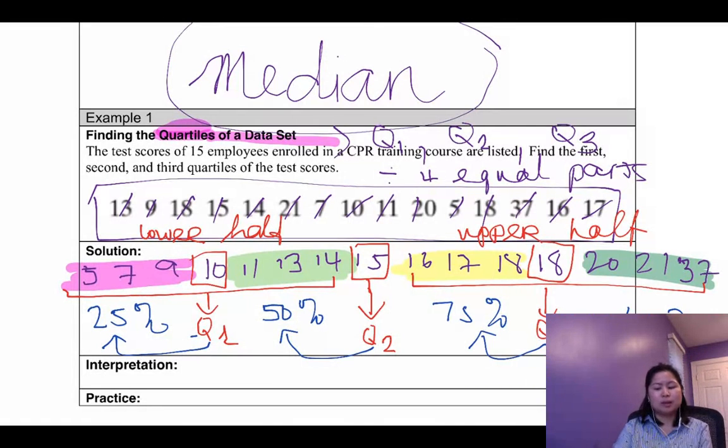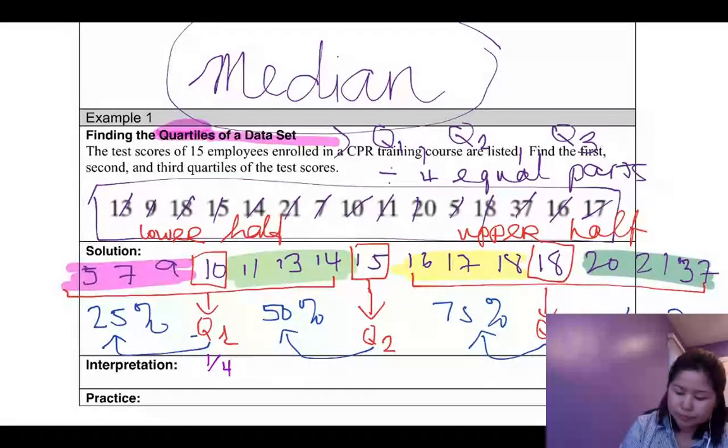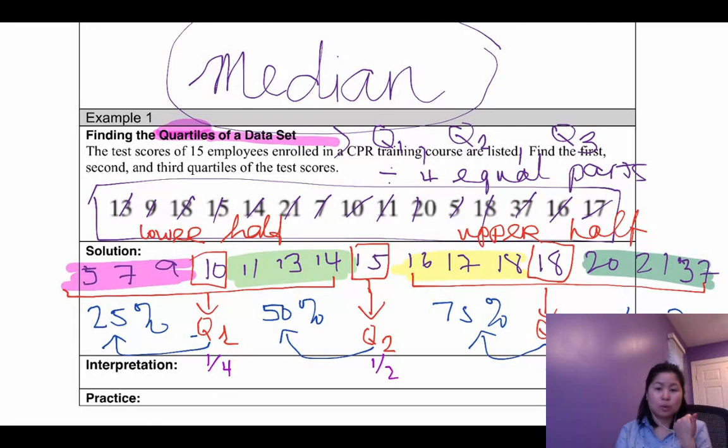We're not talking about 100 because 100 is the highest value. For some textbooks, instead of percentages, they use fractions: 1/4, 1/2, 3/4. So you have a quarter, 50 cents, and then 75 cents, like a whole dollar.